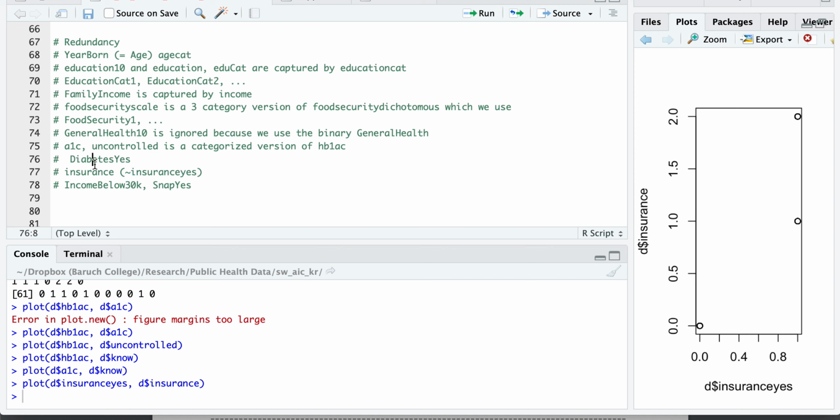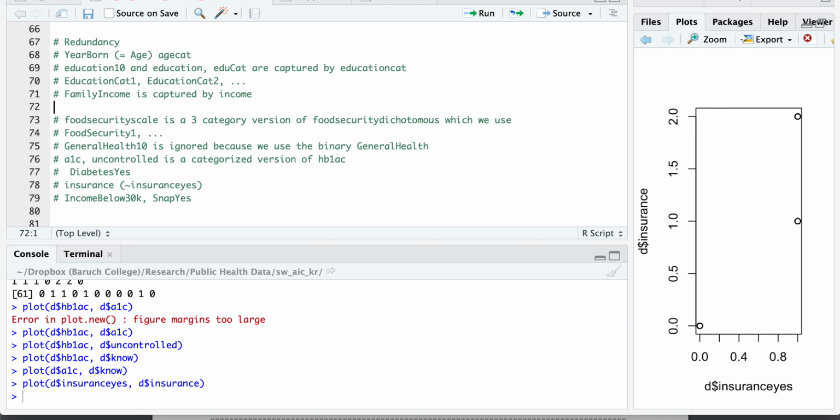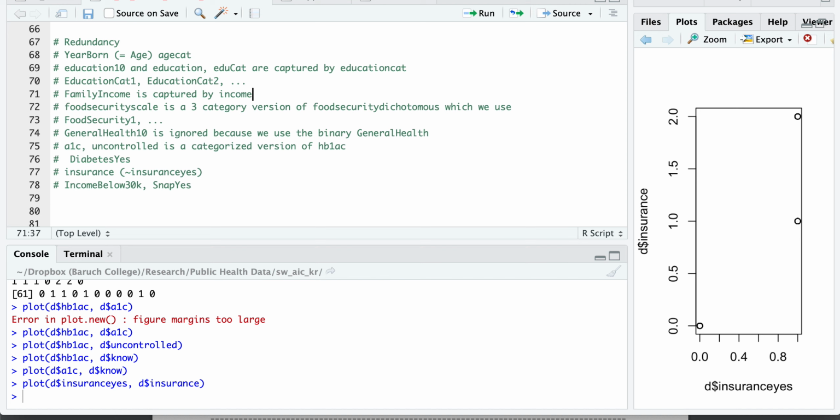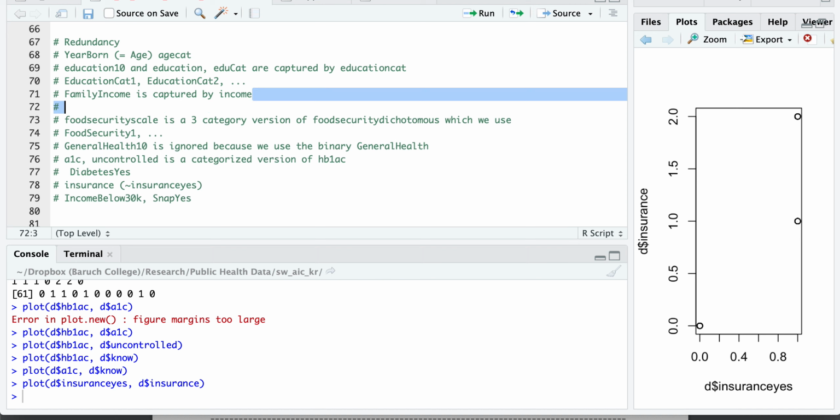So insurance. Okay. So let's just remove this.